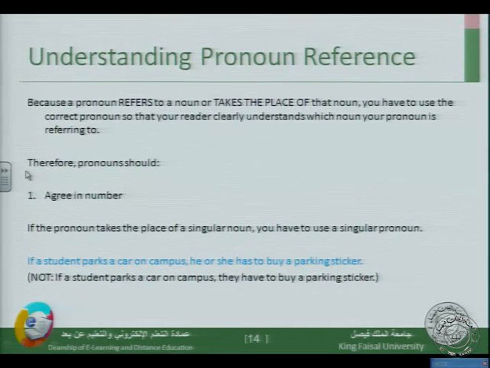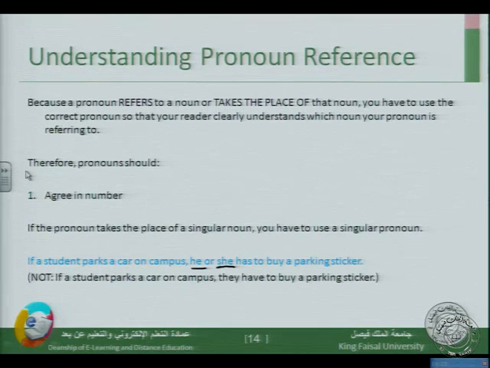For example, look at this sentence here. If a student parks a car on campus, he or she has to buy a parking sticker. Again, I ask you now, do we have pronouns? Yes, we have he and she. He is a singular pronoun. She is a singular pronoun.